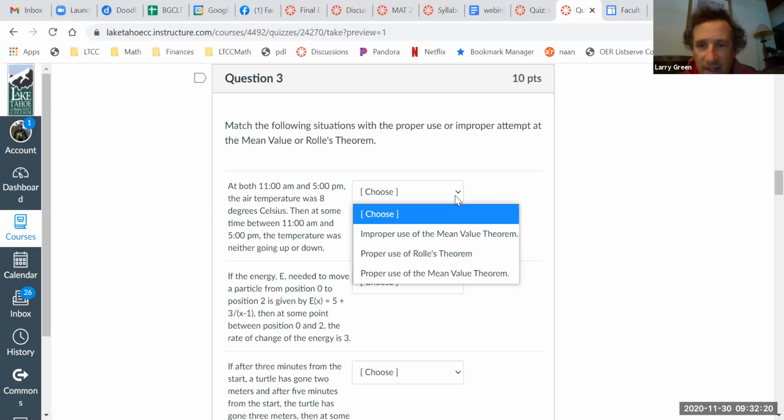Which of the 3? Proper use of something. You say Rolle's theorem, so let's see. Rolle's theorem says that the derivative is 0 for some time between the two. And if it's not going up nor down, that's the derivative equals 0. Notice, by the way, how do we know that this function is continuous and differentiable?